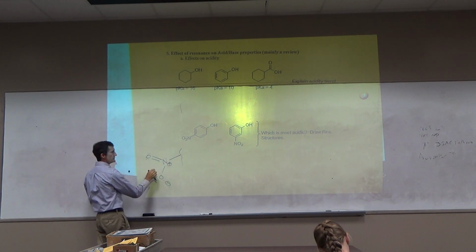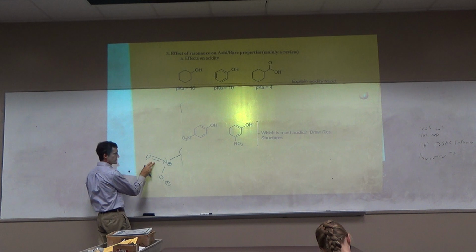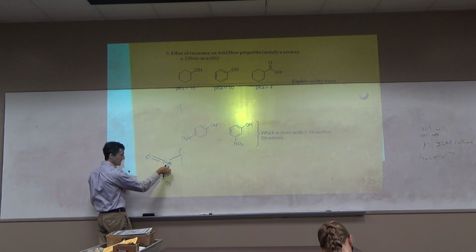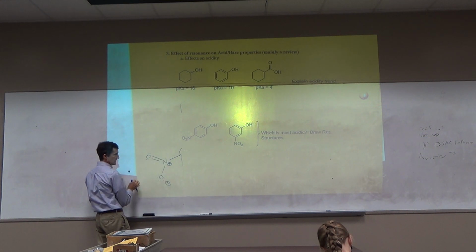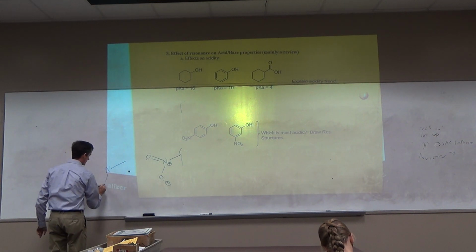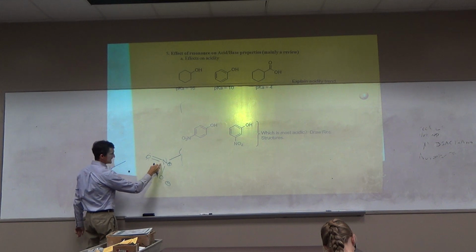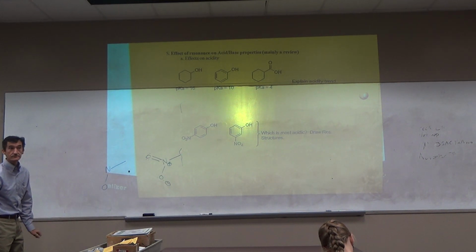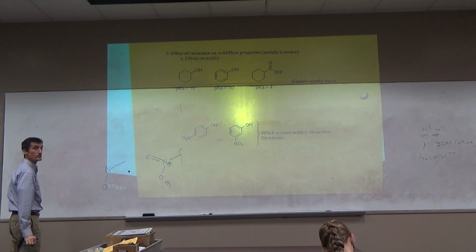But we can do resonance here. We have a pi bond. You can also do resonance of just a nitro group. You can move the pi bond here and move these out. The true structure of the nitro group: which NO bond is longer, top or bottom? Which one? They're the same.